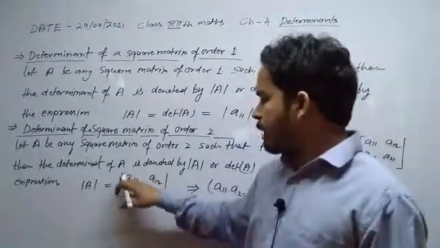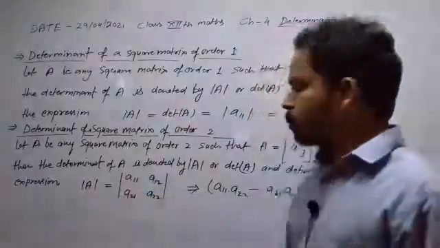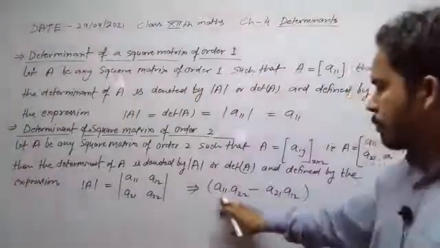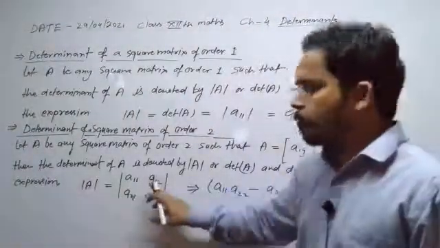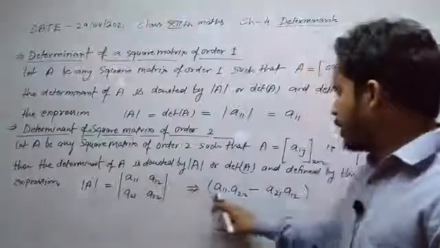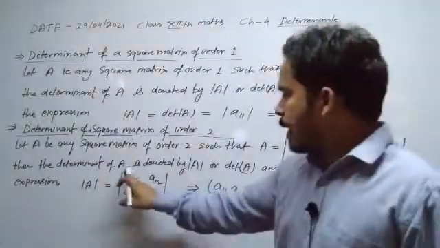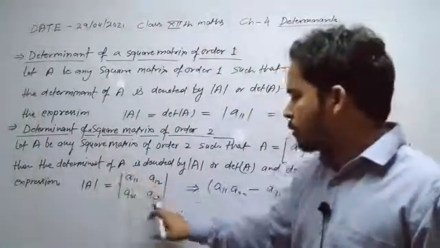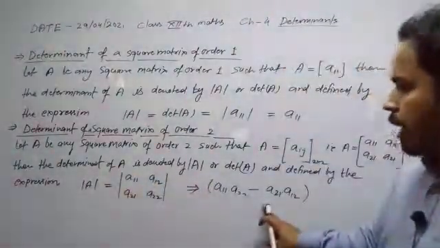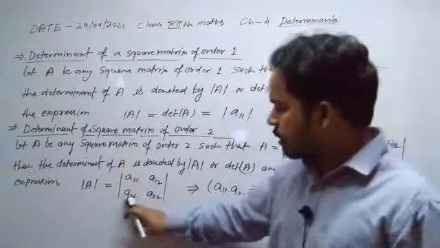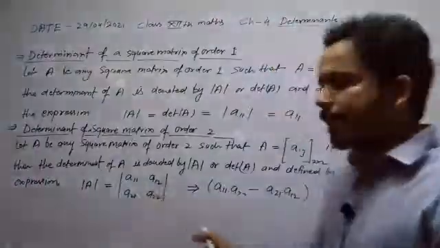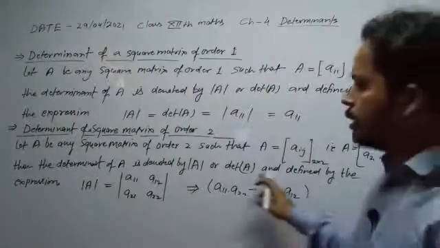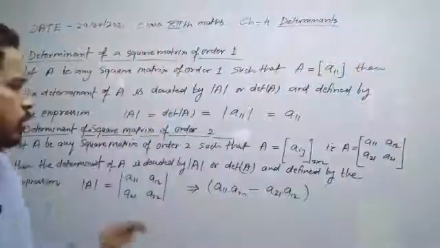For the calculation, cross multiply from top to bottom, which gives a positive result: A11 multiplied by A22. Then multiplying from bottom to top gives a negative result: A21 multiplied by A12 with a negative sign. So this is the value of the determinant of order 2 cross 2.